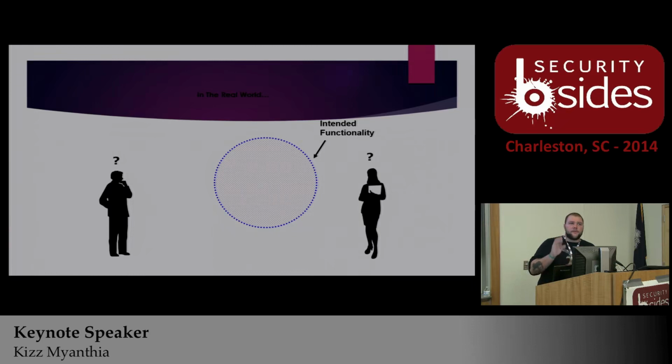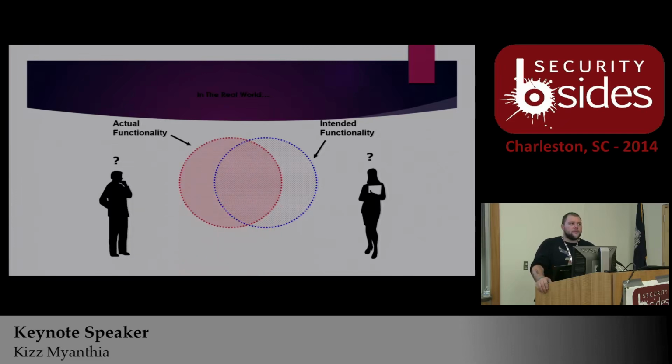You have that developer, that team that spent their time and effort to create an application that did one specific task. That task was to do X, Y, Z, whether it's to process bank information or to act as a social media site. They've built that out.